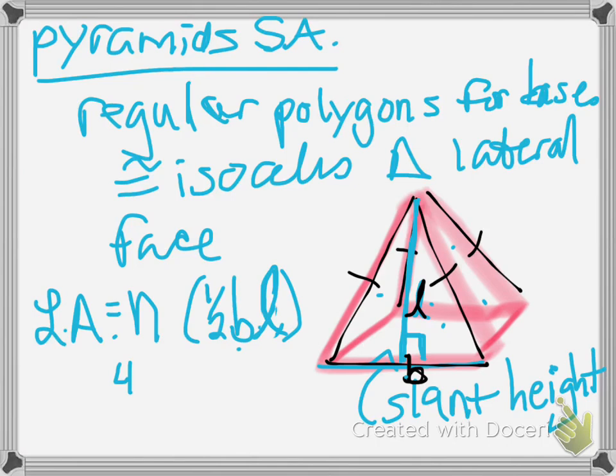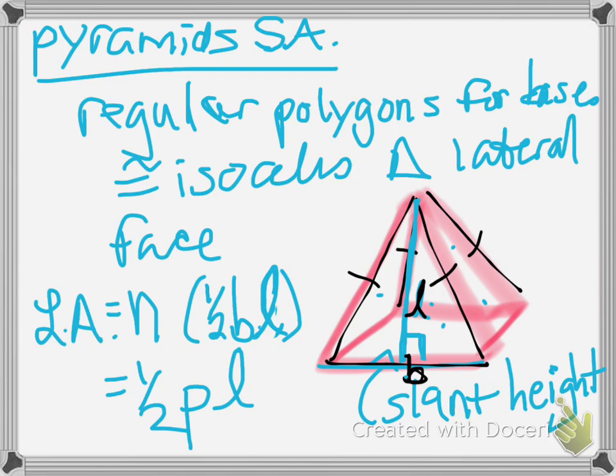Another way to do this, this formula can become, instead of having to plug in the number of lateral faces, you can just say it's 1/2 P times the slant height, where P is the perimeter of the base.